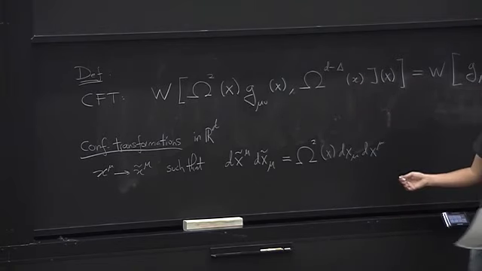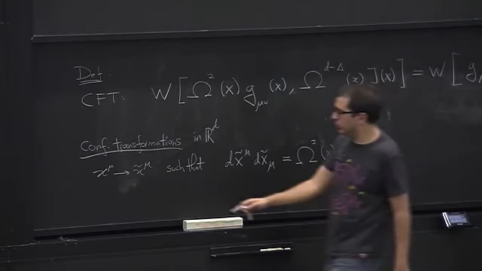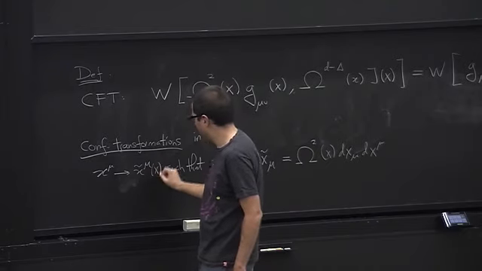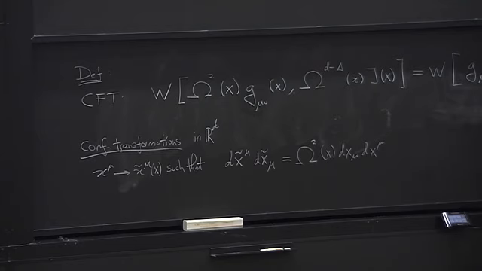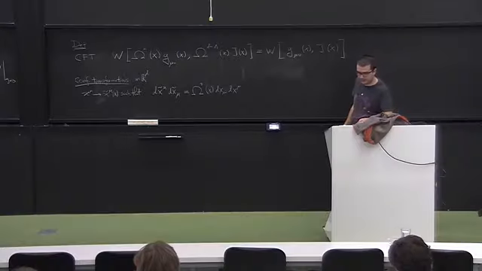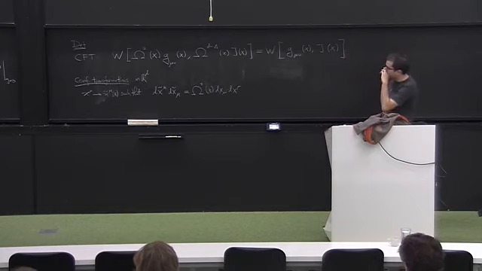So the metric for the new points differs from the original one by a Weyl transformation. Okay. So these are conformal transformations.